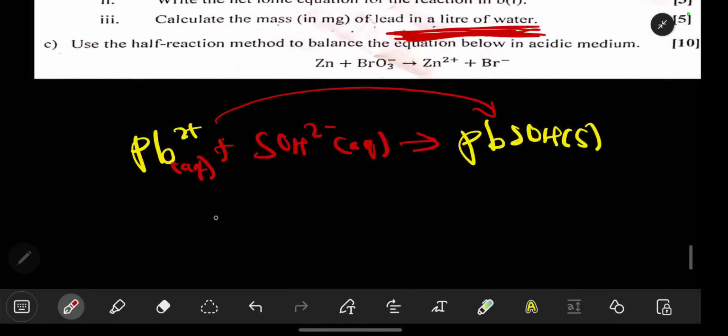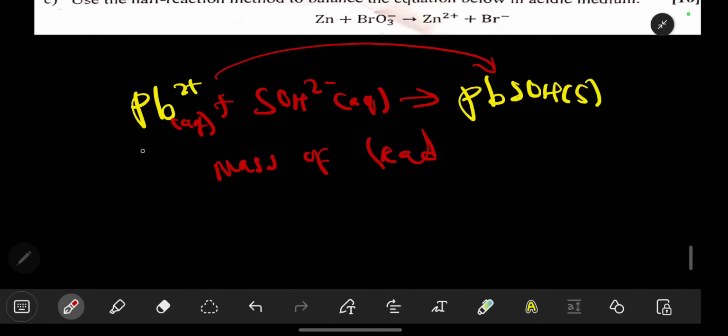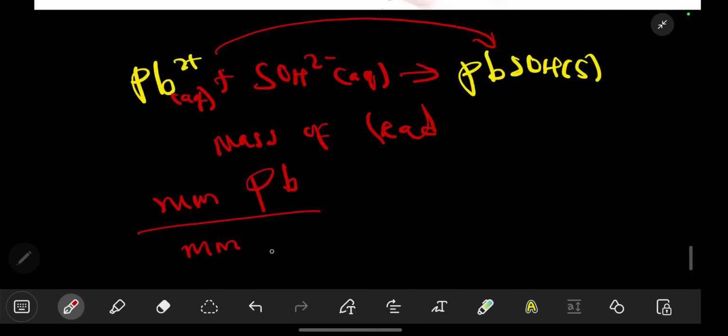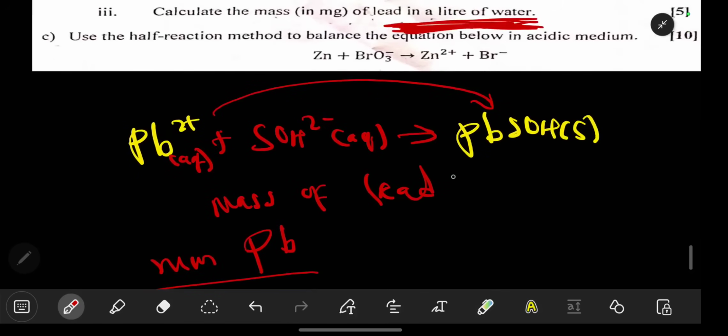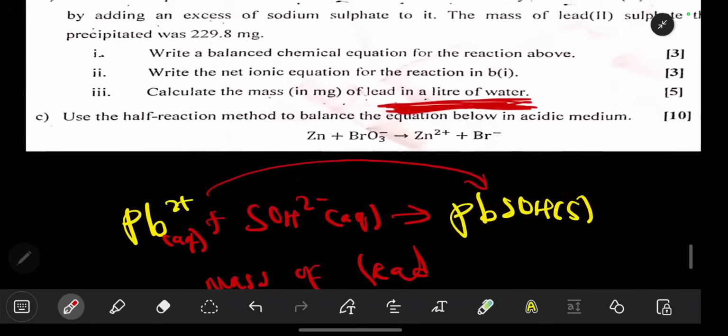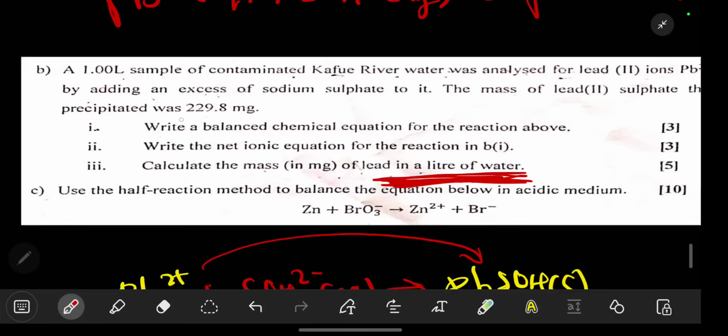To find the mass of lead, you can think of it as percentages, where we have the molar mass of Pb over the molar mass of the compound, which in this case exists like this at the end, because this is the mass that was precipitated.